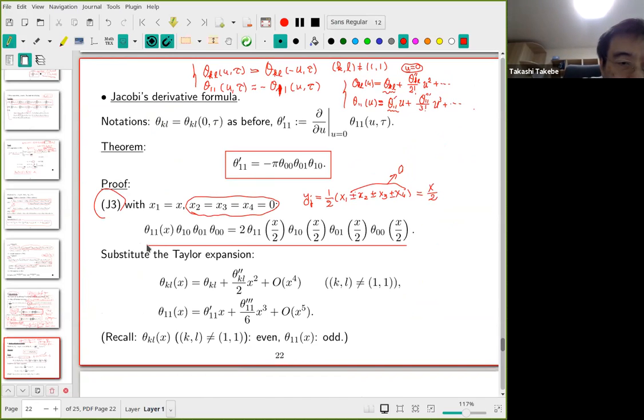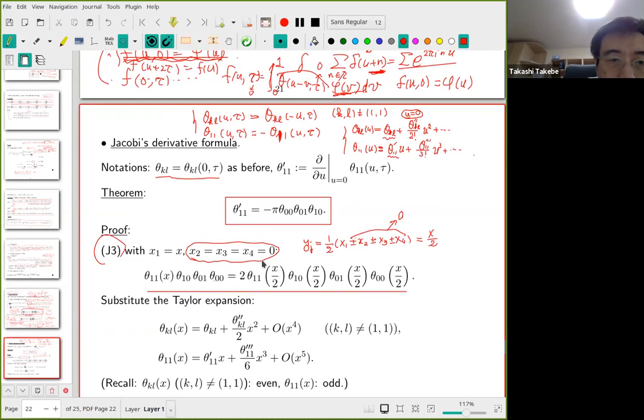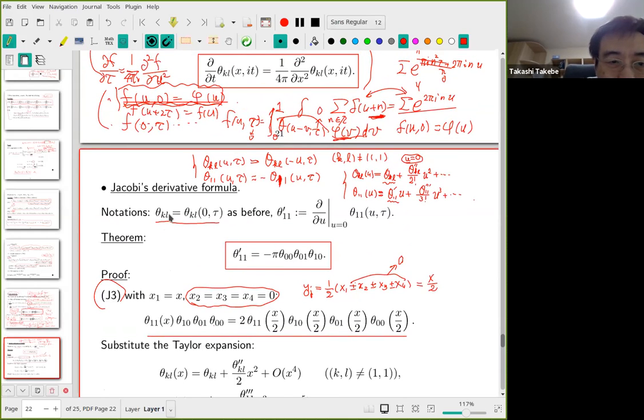Now, for example, this, well, as I told you, this is... perhaps I forgot to tell you that this symbol without parentheses is just the zero values of the thetas. Well, theta 1 prime is the derivative.